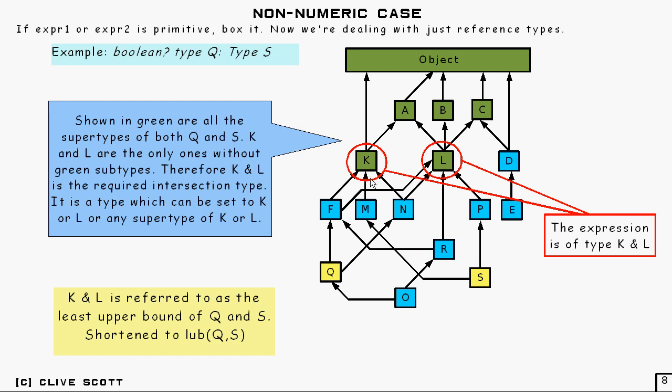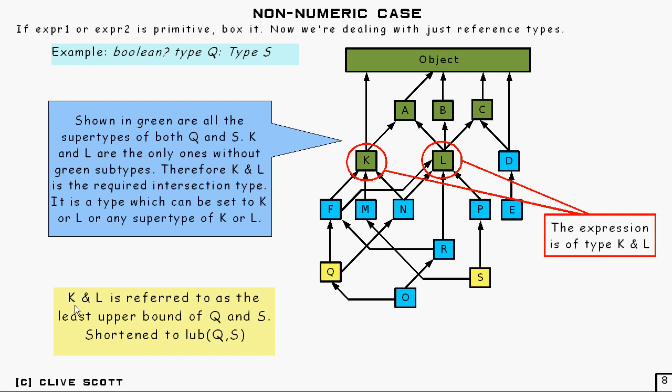So you only end up with the ones at the very bottom of the tree. If you look at this green thing, a sort of tree, the stuff that's at the bottom with nothing coming out of it, well, those are the types that you want. And so the expression is K and L. That's the intersection type for this particular ternary expression.